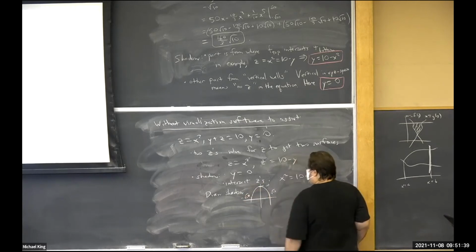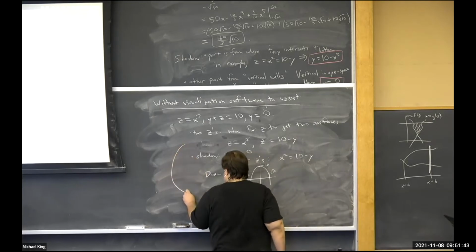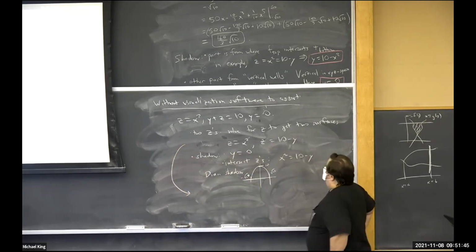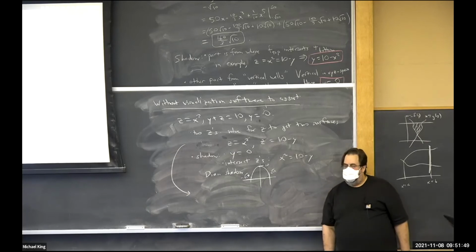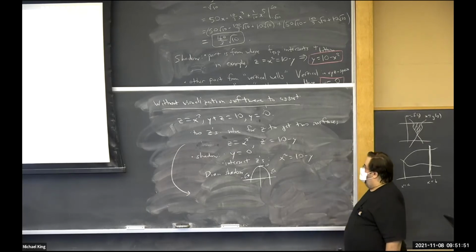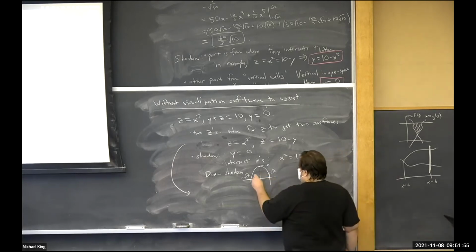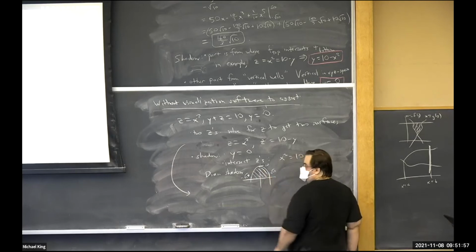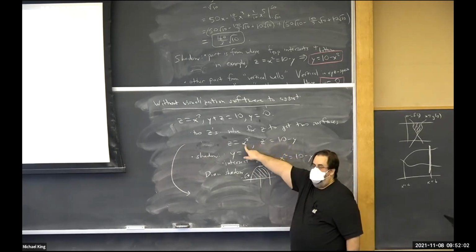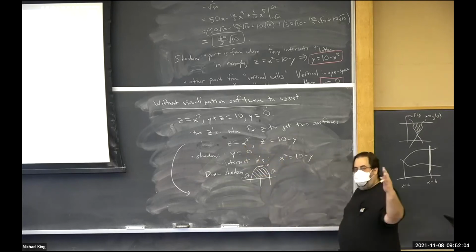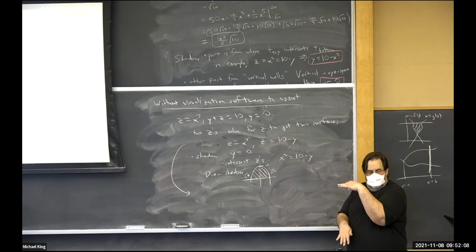Now here's the thing: which is the top and which is the bottom? Here's a way to find out. Take a point in the shadow, plug it into both of these equations, and see which number is larger, because that's the one that's going to be on top.